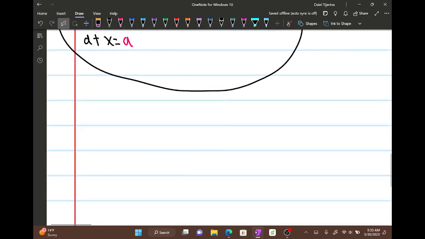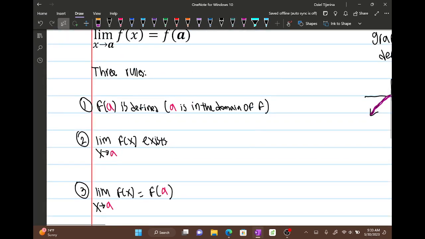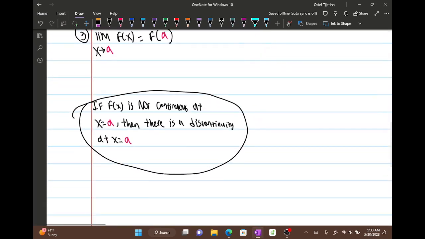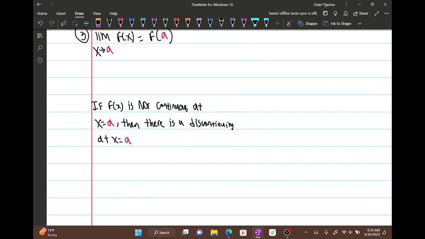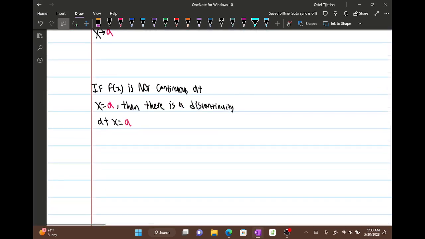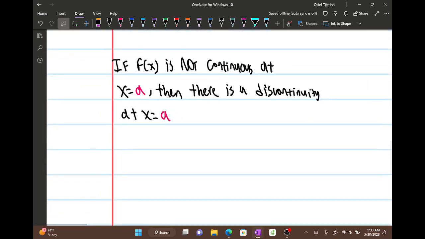It's basically the opposite of these three things. So if it is not continuous at x equals a, then one or two or all of these three things are not true. That has to happen in order for it to be not continuous. I will explain more on that in a minute.